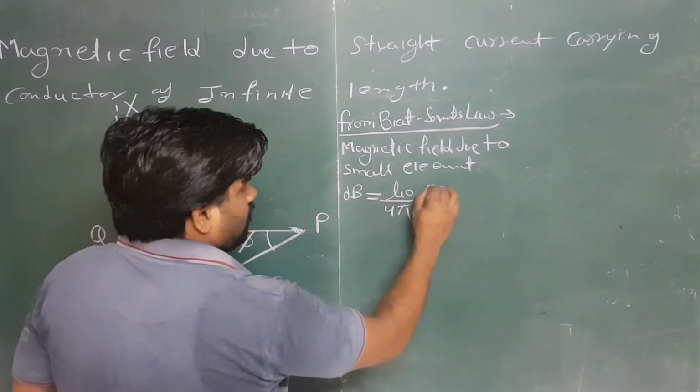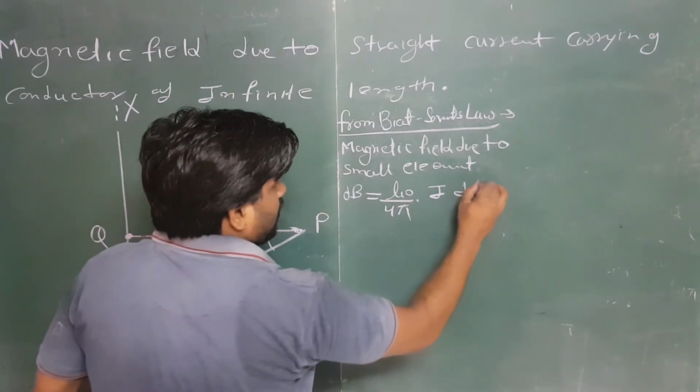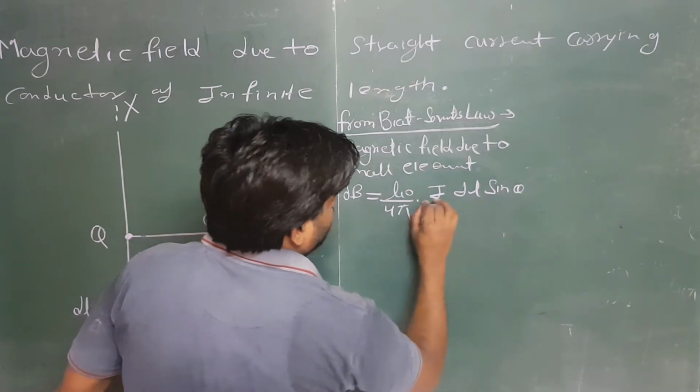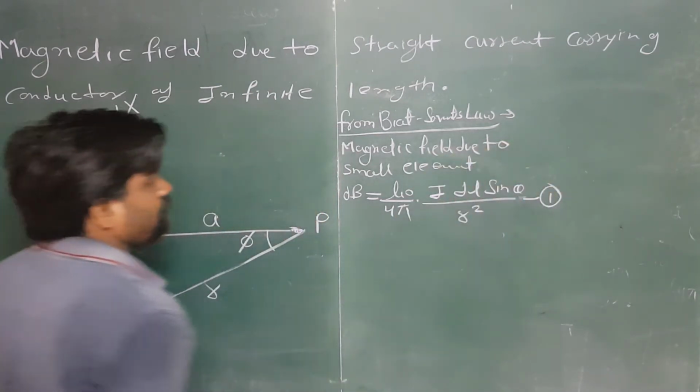So I have written I, the current, the length of this small element is dl, the angle is theta, so you can write sine theta, divided by r square. So this is called equation first.